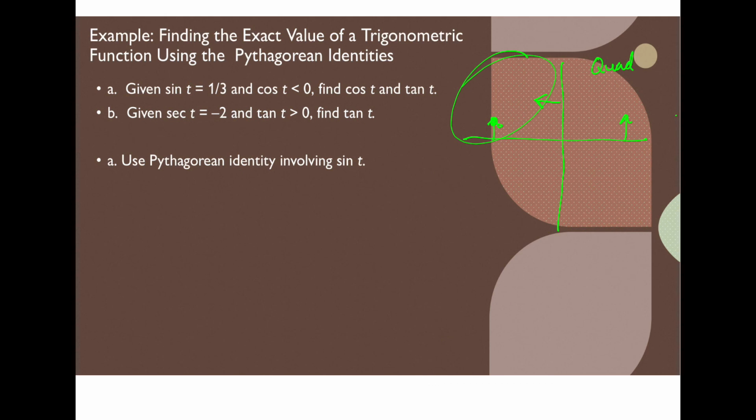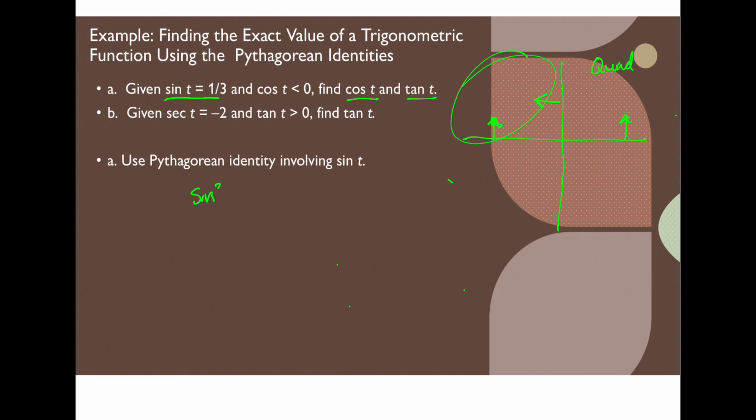Now we're going to use this to find cosine and then eventually tangent. So let's first set it up with our Pythagorean theorem. I'm given the sine, and I'm given clues about the cosine, but this is enough for me to find cosine, because sine squared plus cosine squared, I think we're using t there, so I'll take out the theta.